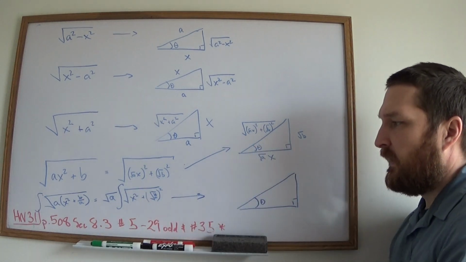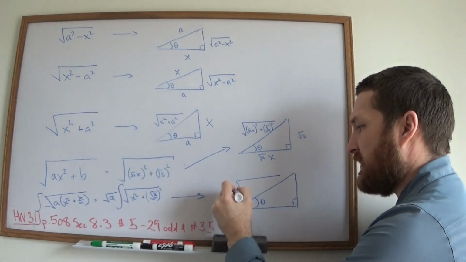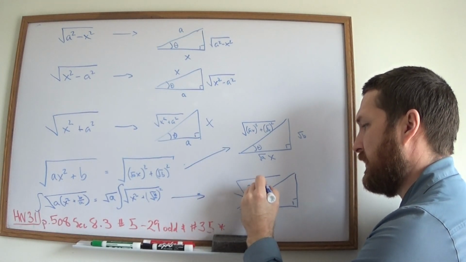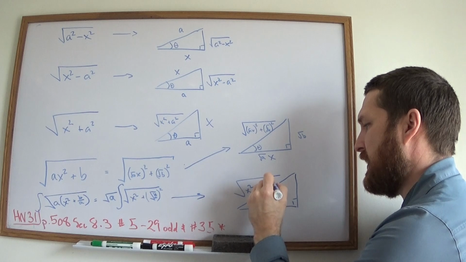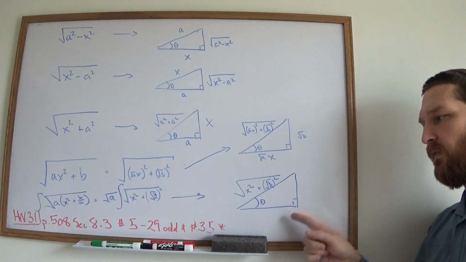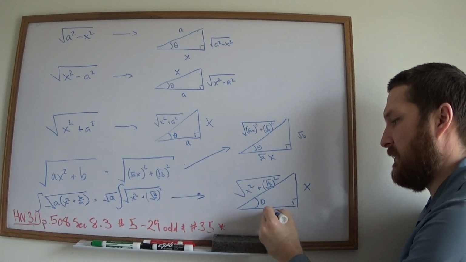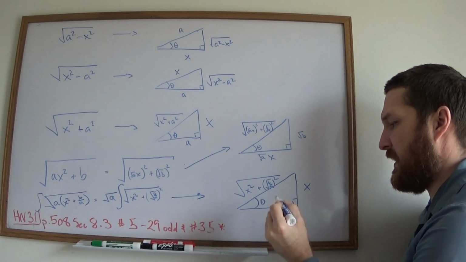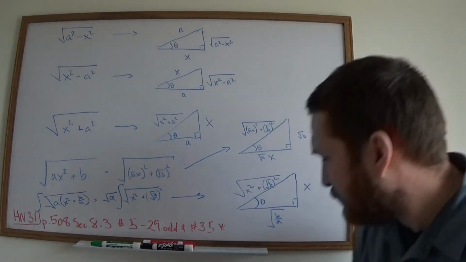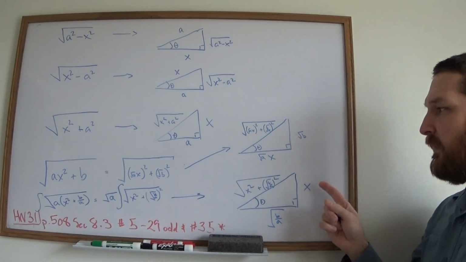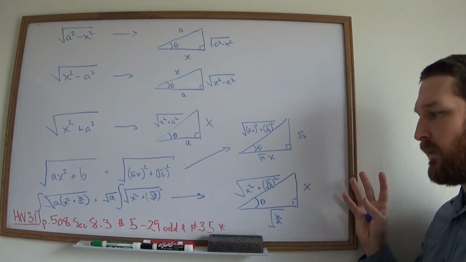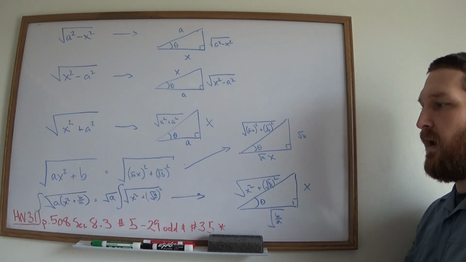Root theta. It's a plus, so this guy has to go here. There's my x squared and my root b over a squared. And then each one of those is just some leg. We can make this my x and make this my root b over a. Either way, it's a little bit cleaner, but ultimately it is equivalent, however you want to do it.